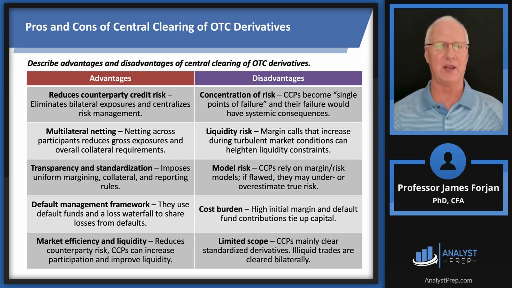Advantages and disadvantages. We talked about these different kinds of risks back in the previous chapter. A couple of things to point out. That first one up there, we said that reduces counterparty credit risk. We do like multilateral netting, but I want to call your attention to that fourth one down there, the default management framework.